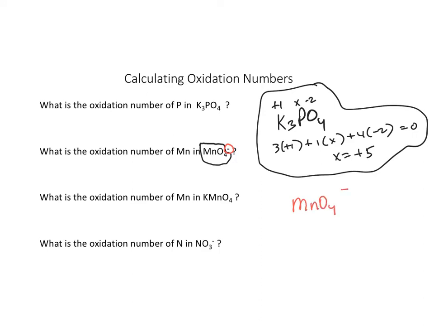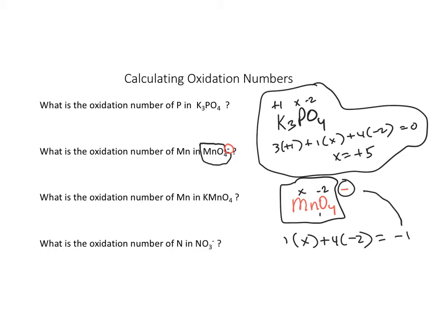MnO4 minus, and let's see, oxygen. As I said, the sum has to equal the -1. Oxygen's behaving normally, so it's going to be -2. Manganese, we don't know, it just depends. All right, so then you're going to say, 1 times x plus 4 times -2. And this time we don't say 0, we say -1, right? So that's that right there.